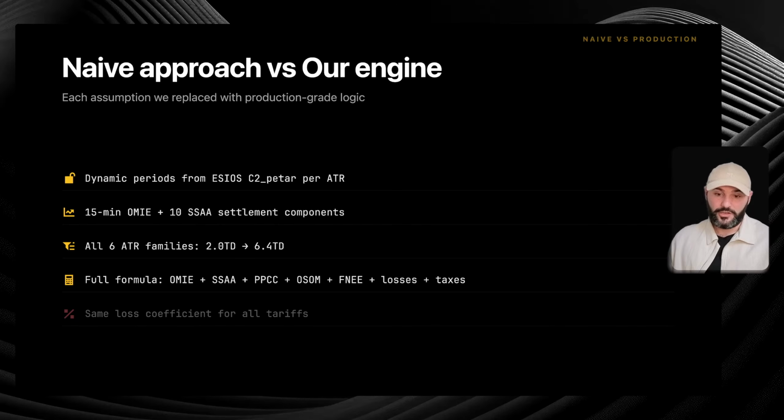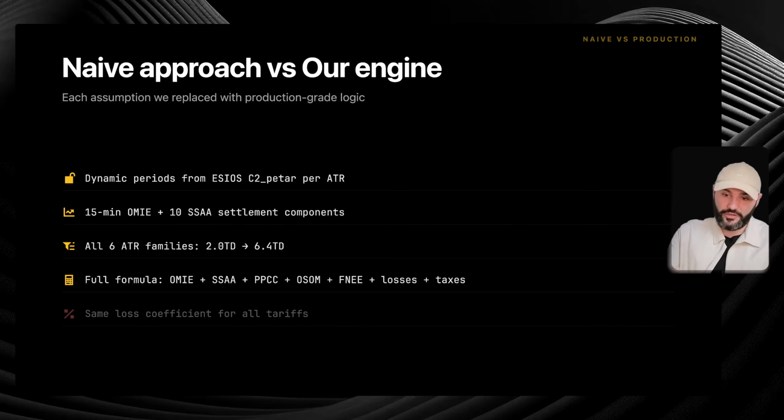Now, a naive approach is to build based on full formulas, having each component precisely in Excel, for example, or an Excel-type spreadsheet, and calculate the formula that you get at the end, component by component. Another thing that a naive approach does is not consider the loss coefficient, which is the file we saw before in the Excel.